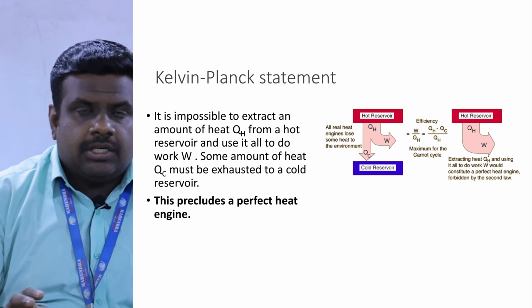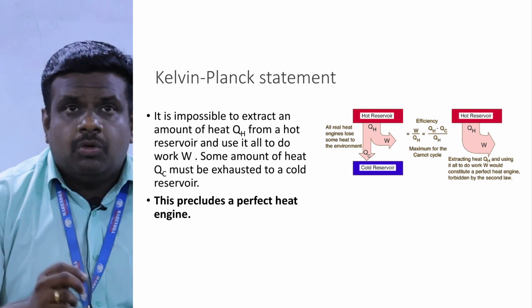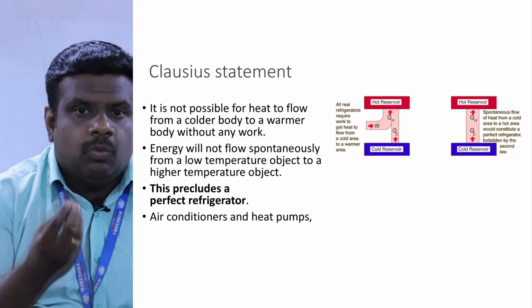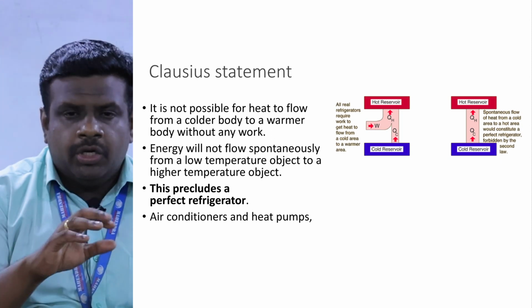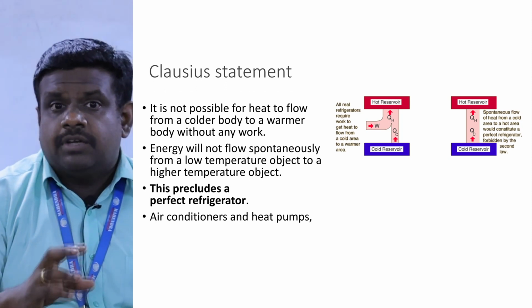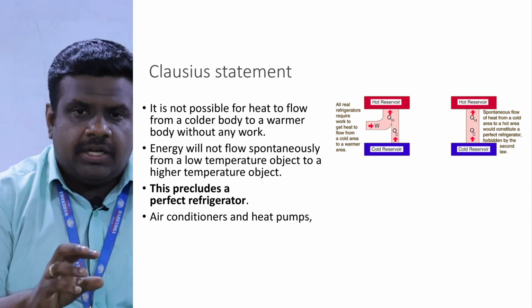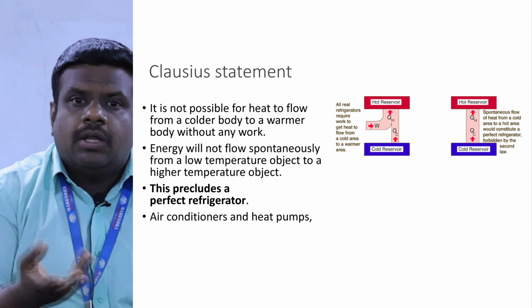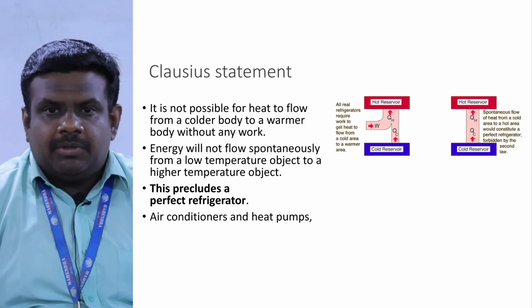The next one is the Clausius statement. Here it is not possible for heat to flow from a colder body to a warmer body without any work. But we can transfer heat from a hot body to a cold body without doing work. But when we have to transfer heat from a cold body to a hot body, some external work has to be applied, like refrigeration, air conditioner, or heat pumps. So examples here are heat pumps and refrigerators. And these are the fundamentals of thermodynamics. Thank you.